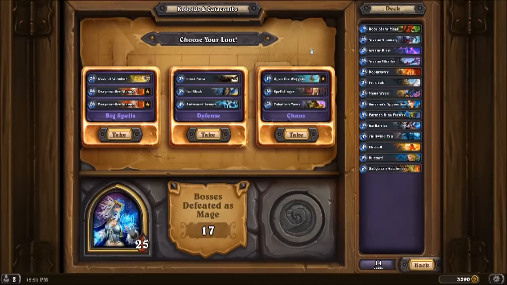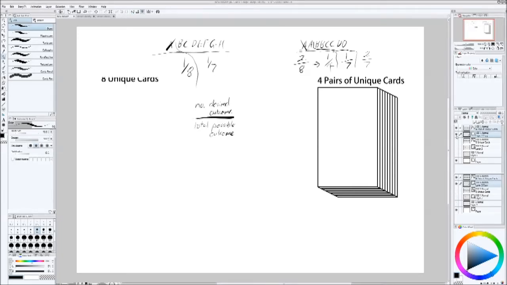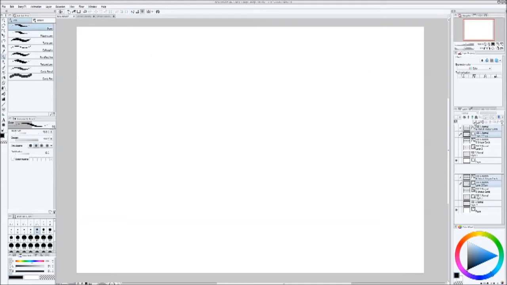So, given that we draw 3 cards at the beginning, let's switch back to here. So we can have 3 cards at the beginning. Three cards drawn and 16 cards total.